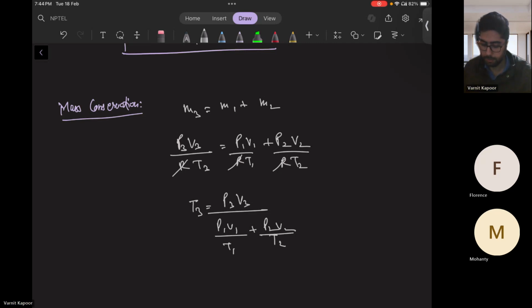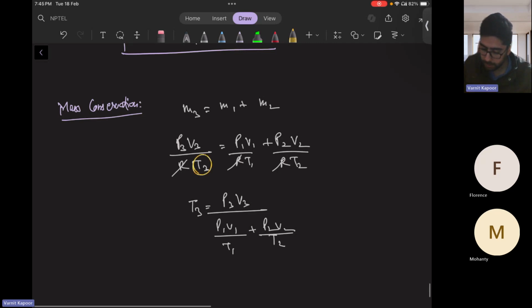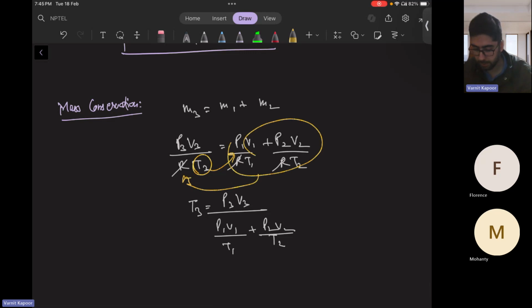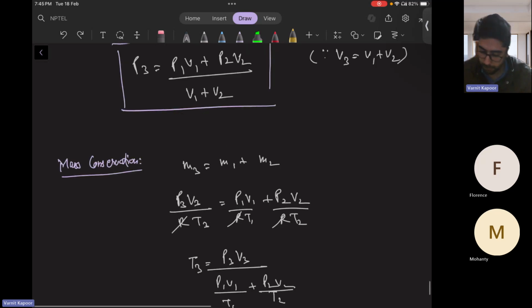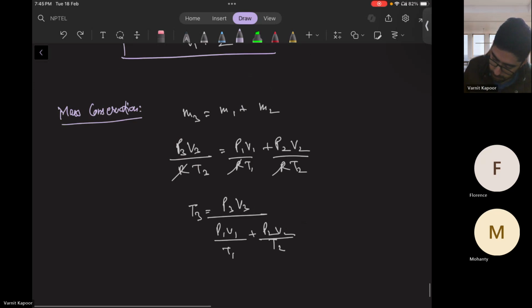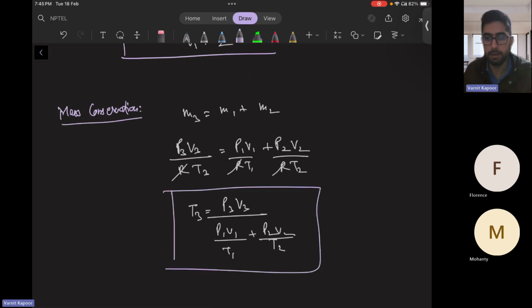Just rearrange. Take this on the right hand side and take this on the left denominator. So that is what I have written. All right, this is your T3. You have all the values P3, V3, P1, V1, T1, V2, T2, because P3 you have got from above. So this is the temperature value.